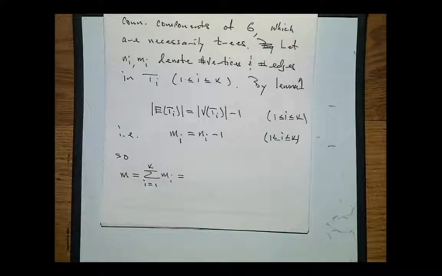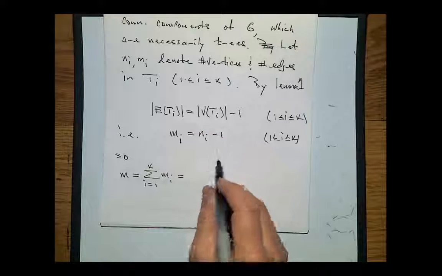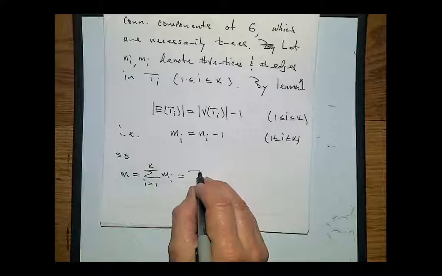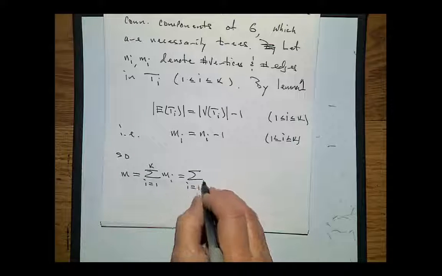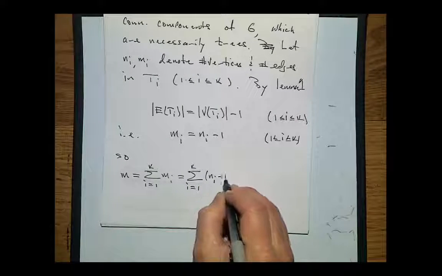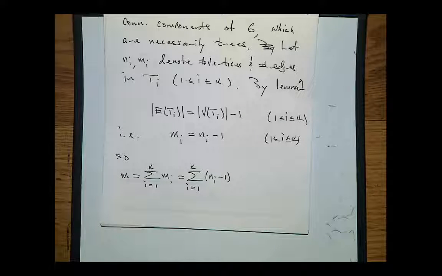And by what I just said, by lemma 1, each Mi is Ni minus 1.